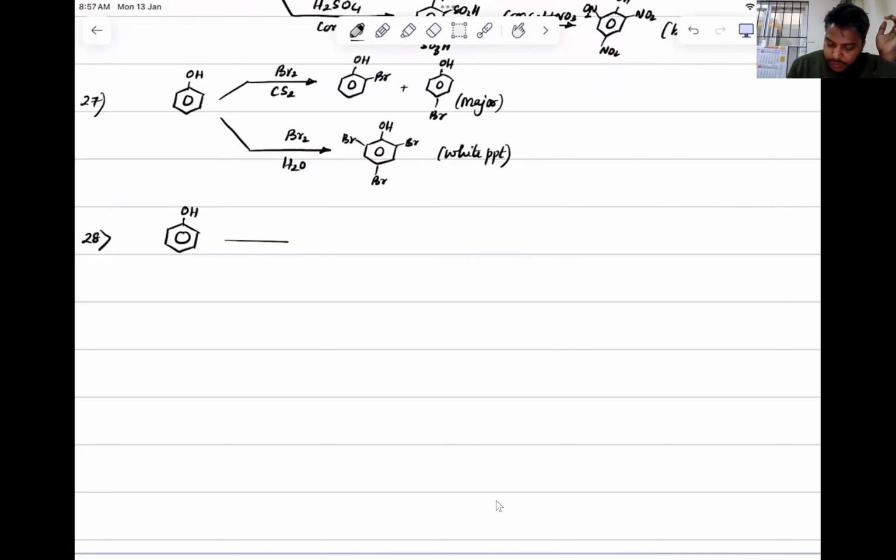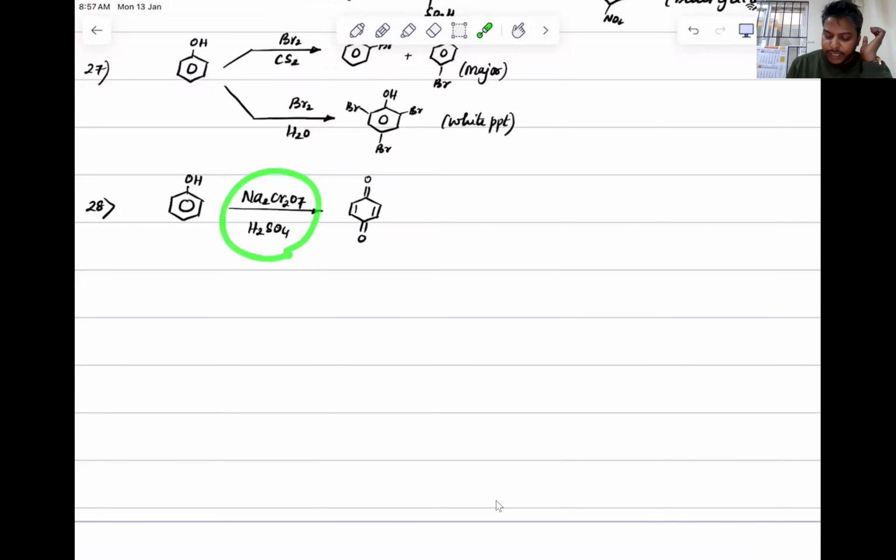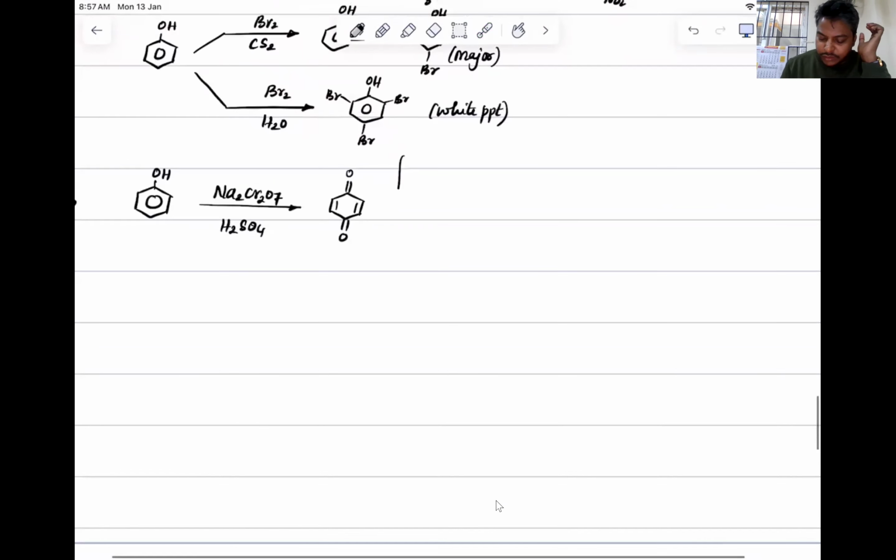Phenol, if you react with Na2Cr2O7 with H2SO4, then we'll get quinone. This is the product you will get. Clear? There are alternative reagents for this one.